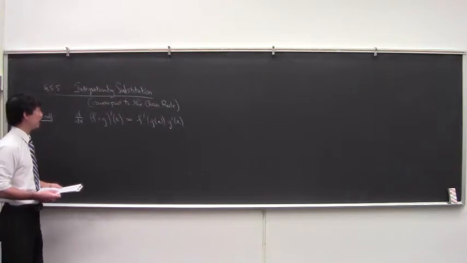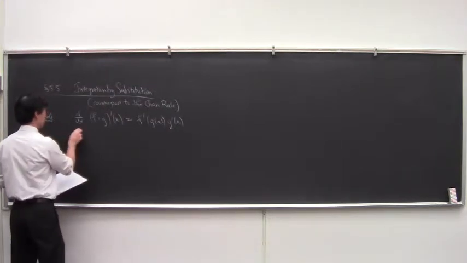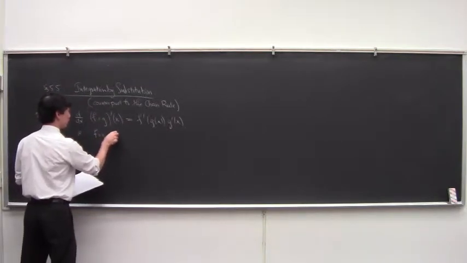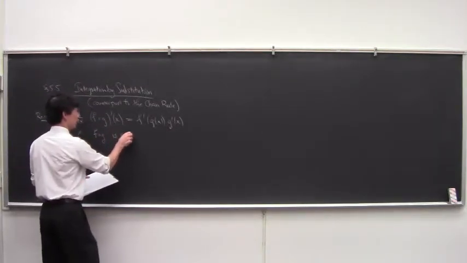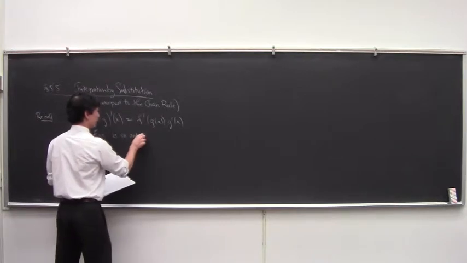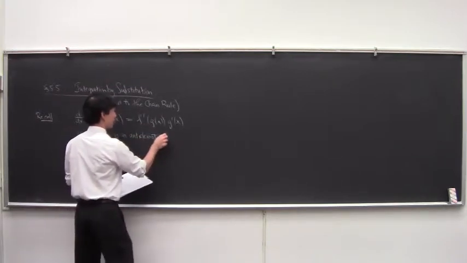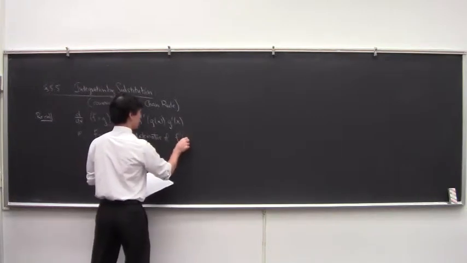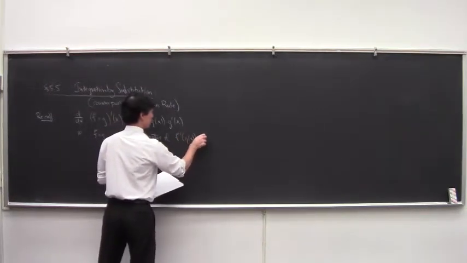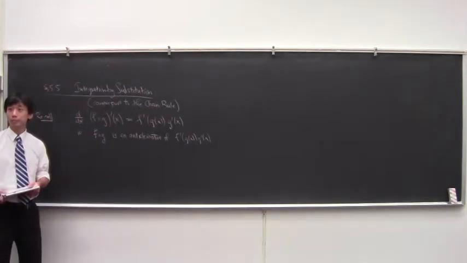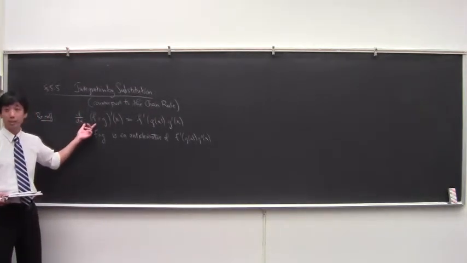That's to say, in other words, f composed with g is an antiderivative of f prime g of x, g prime x. We've just written the same thing twice.